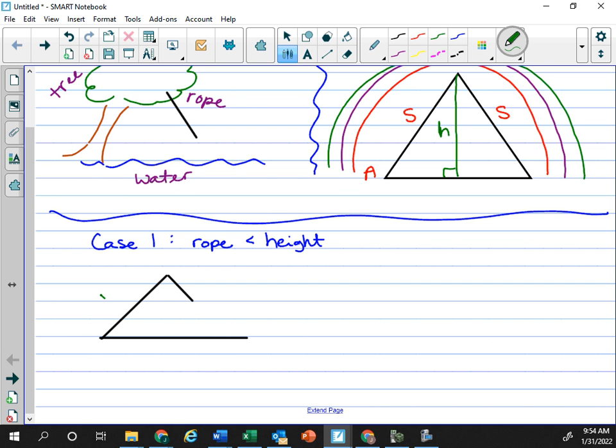So here is the tree. Here is the water. And here is the rope.